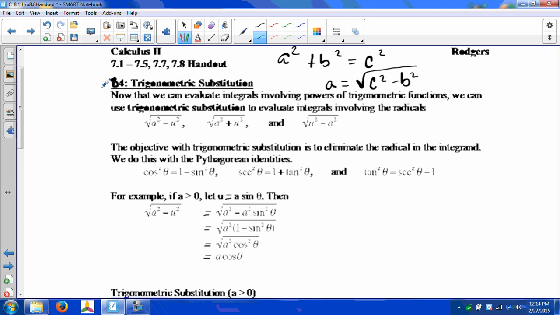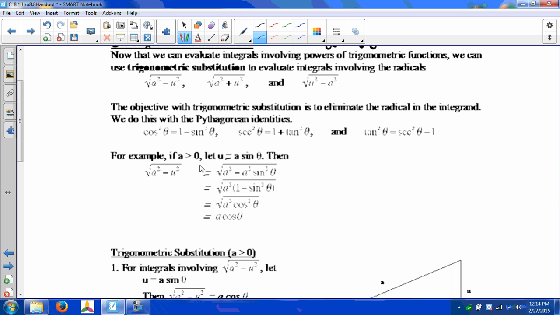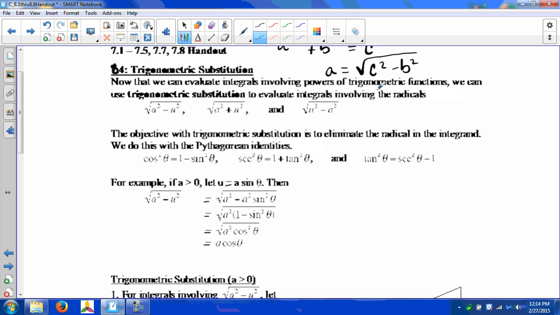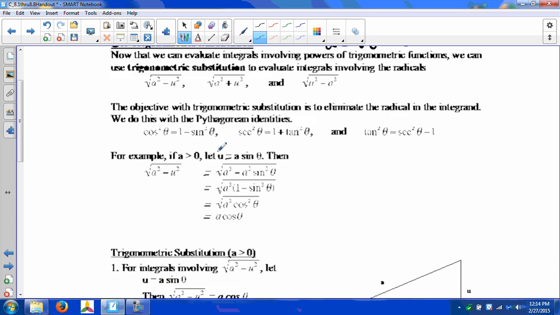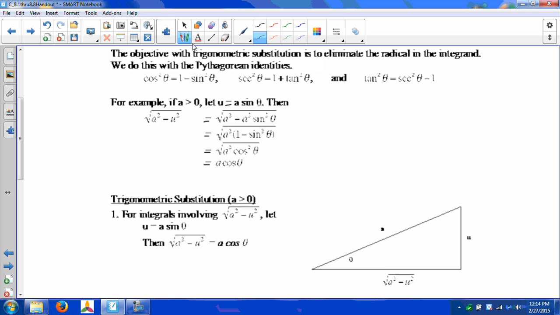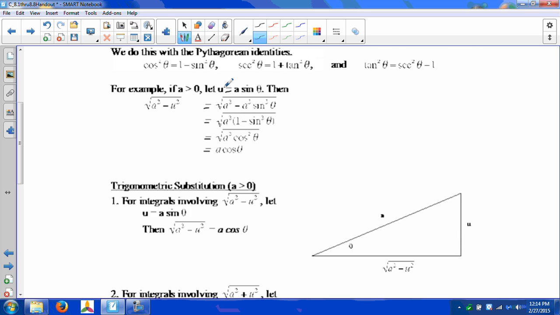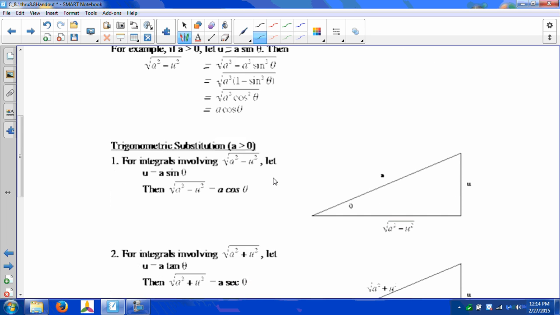So that's these two right here, and then this one is just if you're solving it for C. If you can identify a Pythagorean theorem, then you can identify a Pythagorean identity in much the same way. Like if you let U be A sine theta, then you take out the A and you get A cosine theta, because 1 minus sine squared is cosine squared.